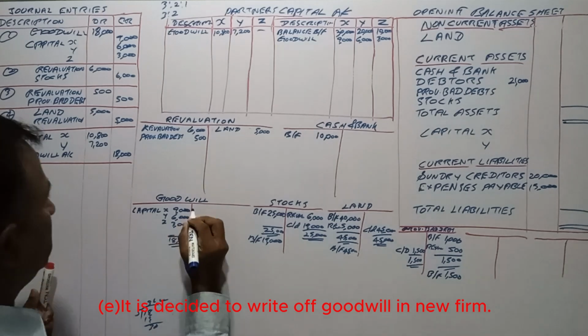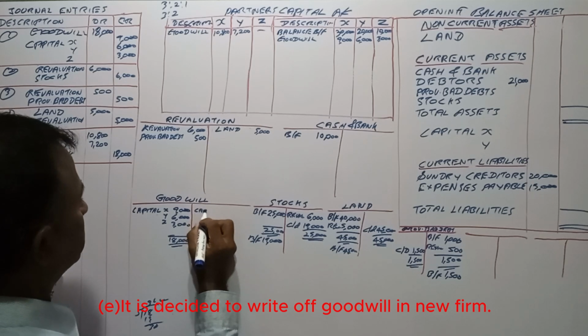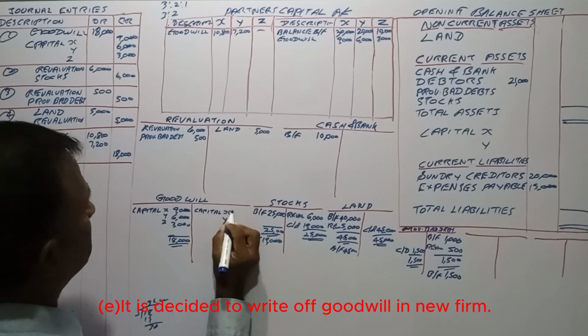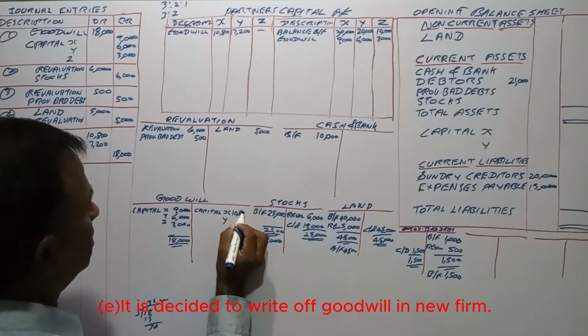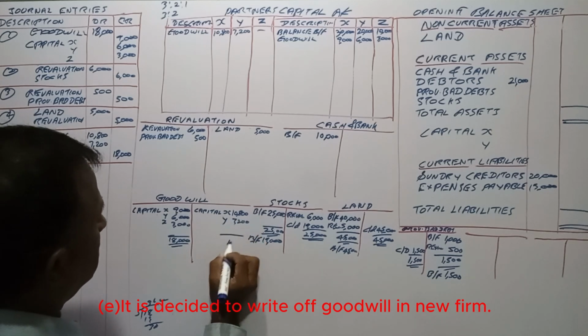So goodwill account credit, capital accounts of X and Y only, 10,800 and 7,200, then 18,000.